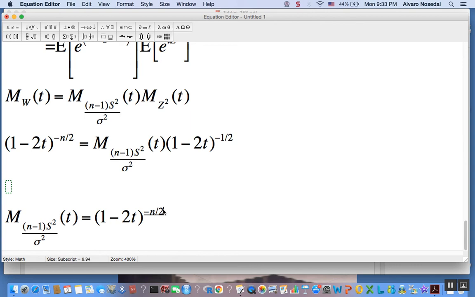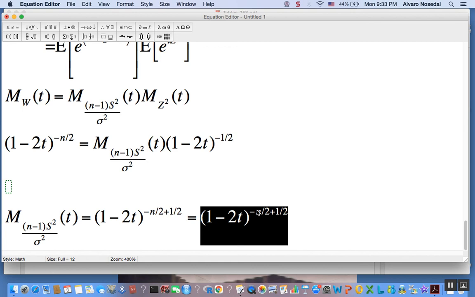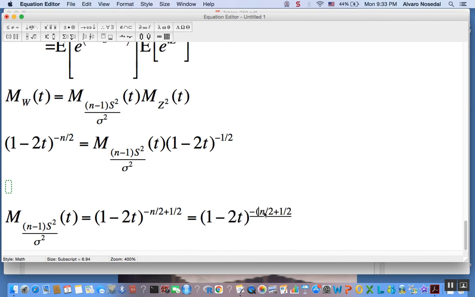In the exponent we're going to have plus 1/2, which is the same as this. Let's do a little bit of algebra here. This is going to be the same as minus n minus 1 divided by 2. Agreed? Those two expressions are equivalent.